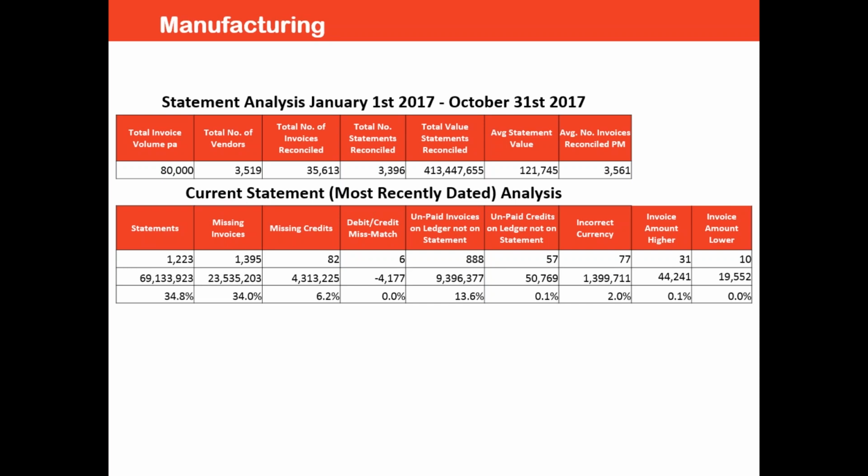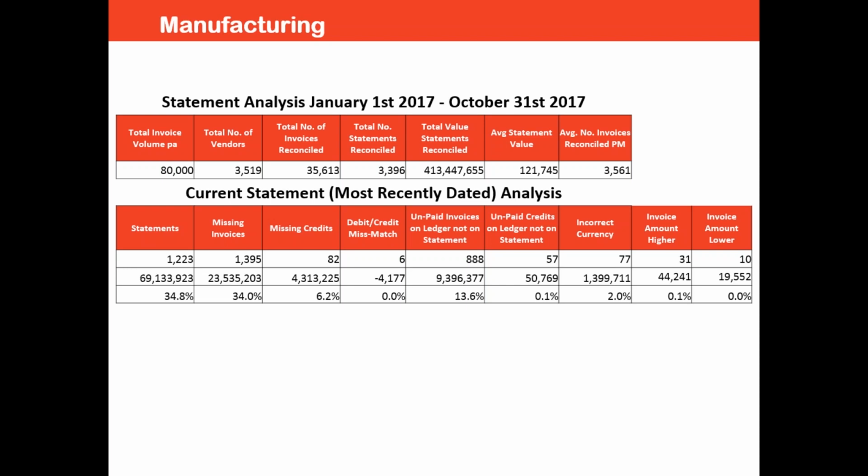On the first box, I've got 1,223 statements. Each one of those would be a different vendor, so I've got statements in the system from 1,200 of my vendors, which is about a third of their total vendor volume. And there's £69 million worth of invoices across all of those statements.